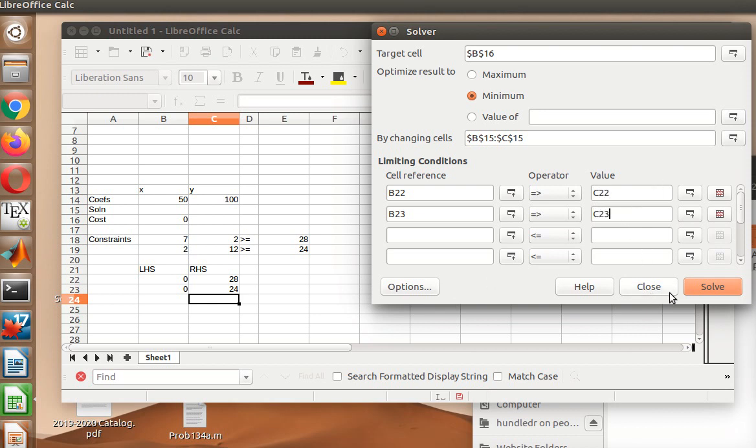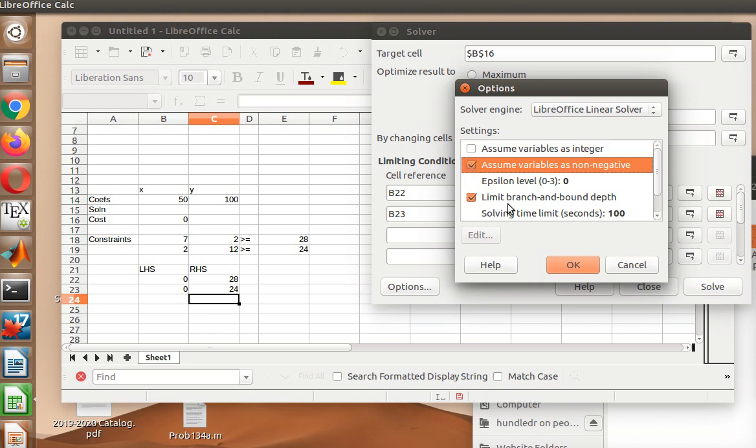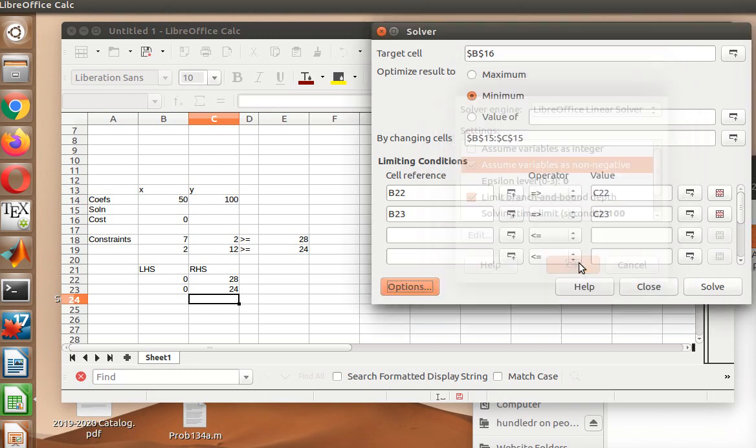Good. Now this is all ready. Now I need to hit the options because we want to also say that we have positive numbers. Assume variables as non-negative. There it is right there. So if you hit that, you could keep the limit branch and bound fine. Say OK. And now we say solve.